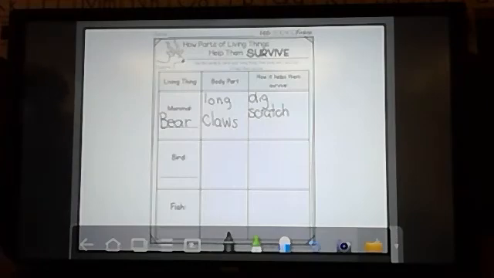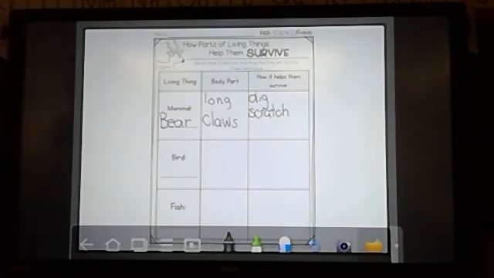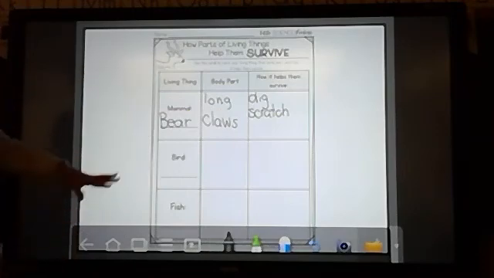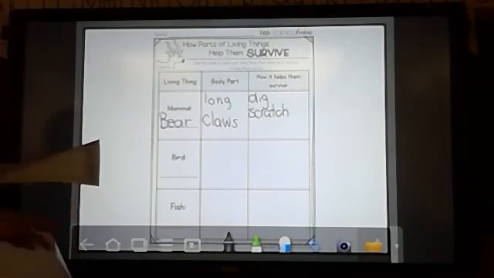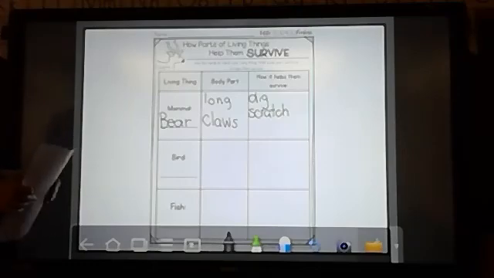So your job is going to be in the PowerPoint that you have to go ahead. First, pull up the PowerPoint, have your worksheets nearby, find a mammal, a bird, a fish, a reptile, an invertebrate, an amphibian, and a plant.